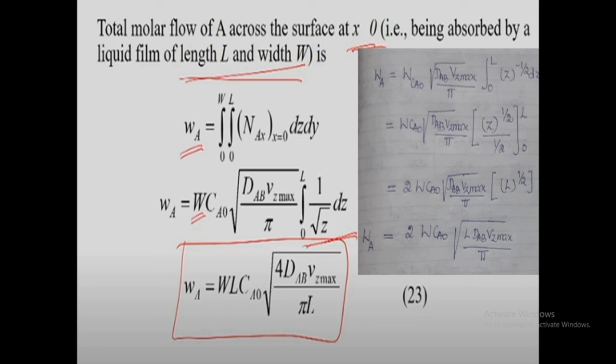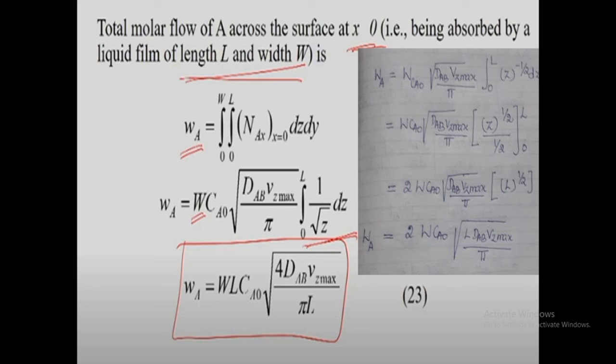You take W into C_A0 root of D_AB v_z,max divided by pi z. So here z is another variable, right? You take z inside the integration, other variables are outside, right? So now we concentrate only on the z part, integration of 0 to L, 1 by root z into dz. Very clear? Okay. Yes. Now we are ready to integrate.